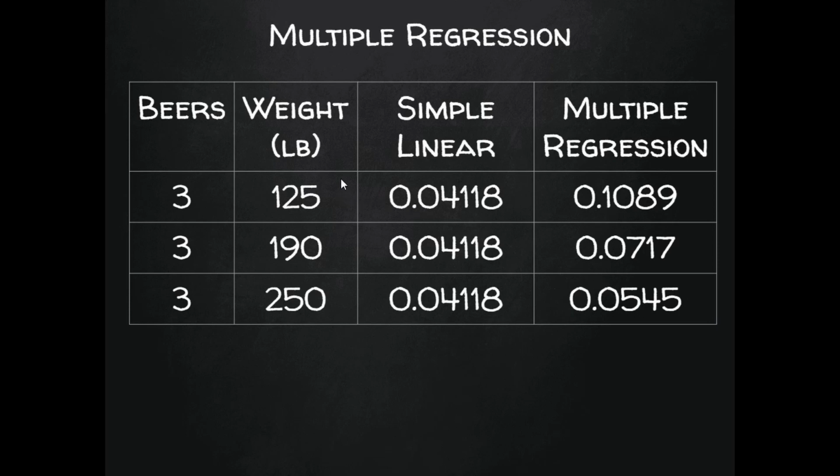Let's say we had three different individuals who weigh 125 pounds, 190 pounds, and 250 pounds all drink 3 beers. Our simple linear model would predict that all three of their blood alcohol concentrations would be exactly the same because it only took into account the number of beers they consumed.